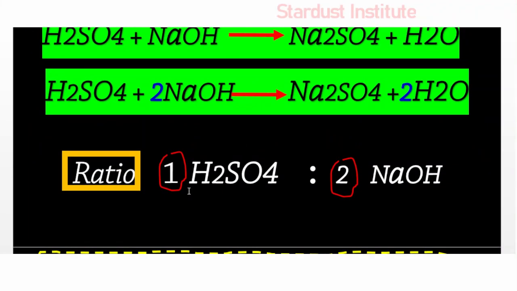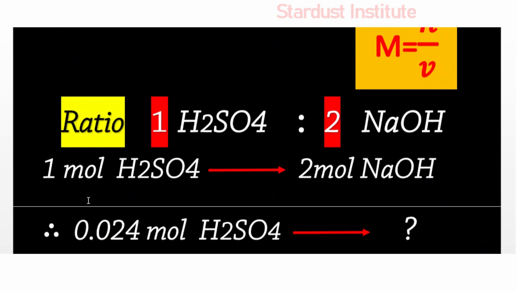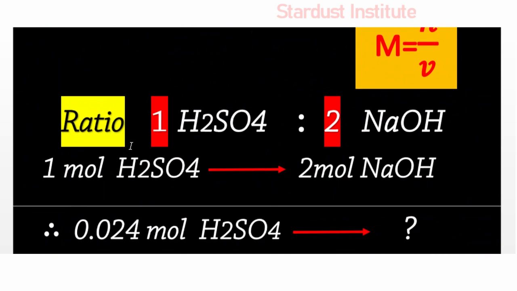Ratio: to react with 1 mole of H2SO4, 2 moles of NaOH are required. I have written this ratio again here.